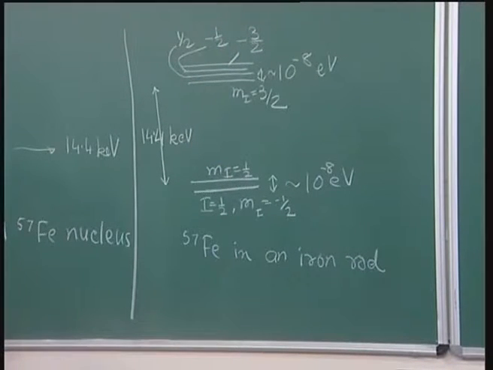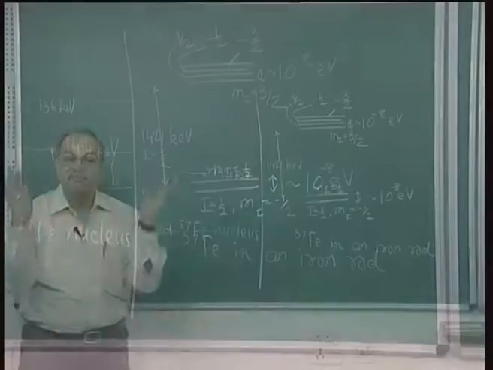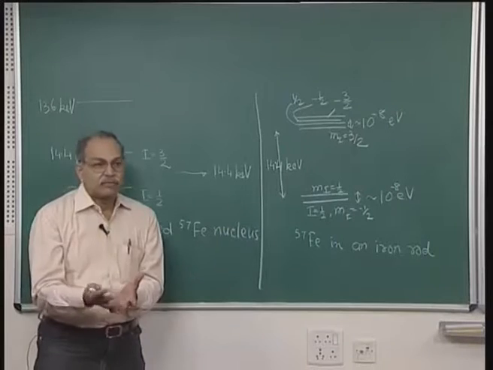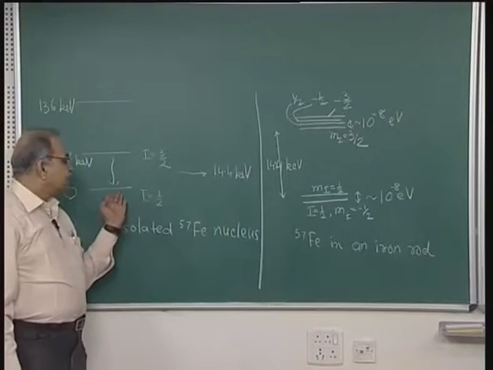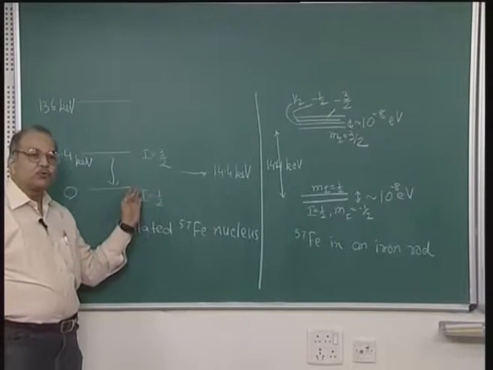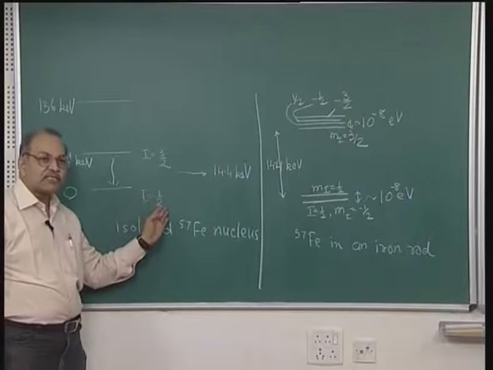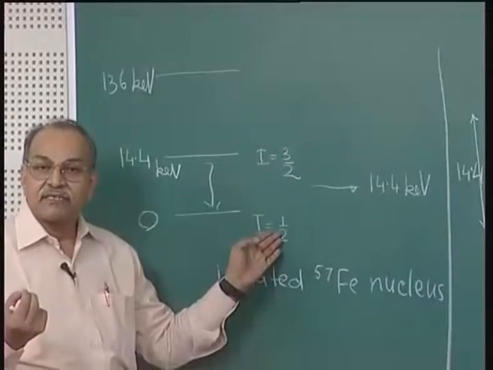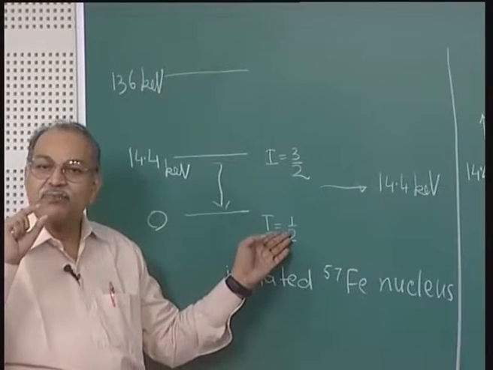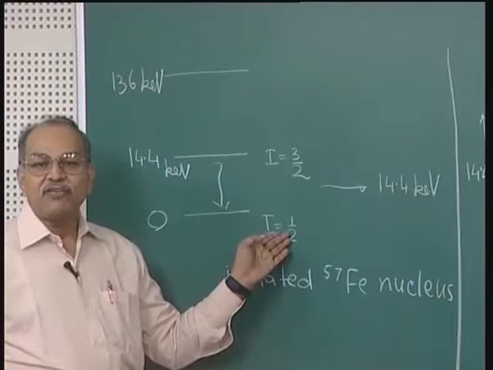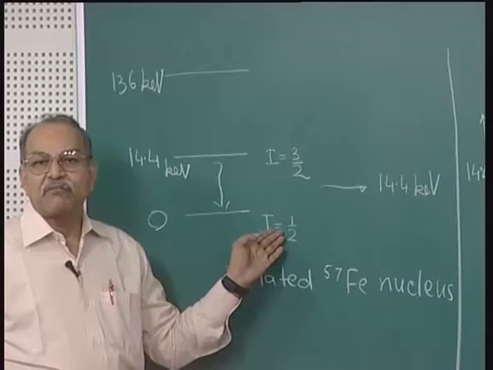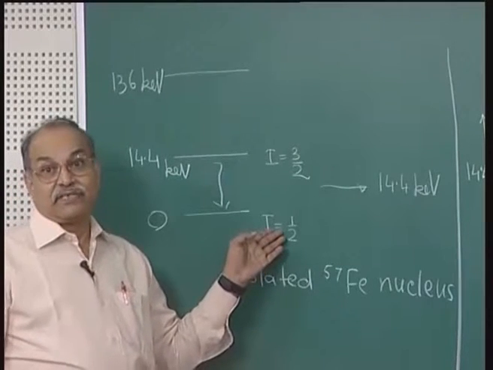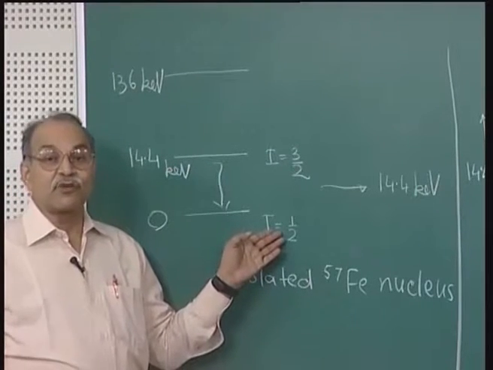When this iron nucleus is part of an iron piece, then this ground state I equal to half, the two substates m I equal to plus half and m I equal to minus half, will split. And how much is that splitting energy? That will be of the order of 10 to the power minus 8 electron volt, 10 nano electron volts.